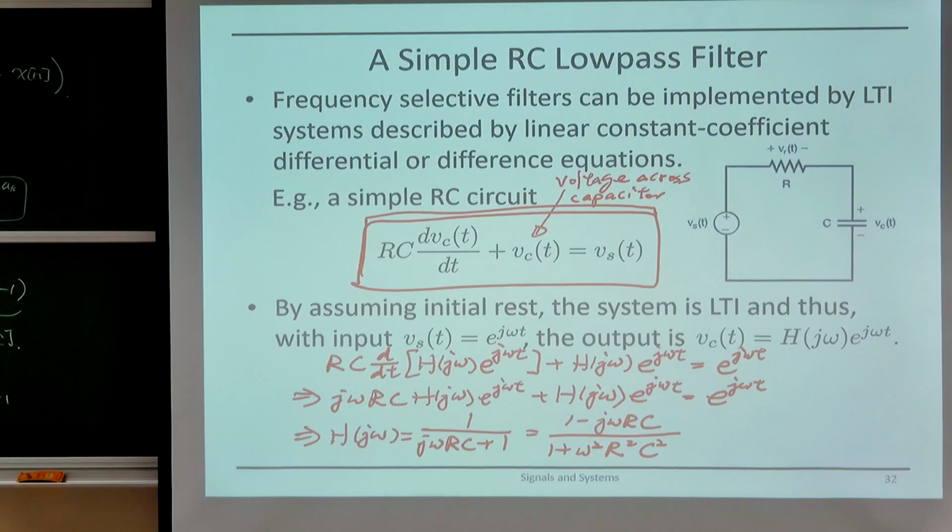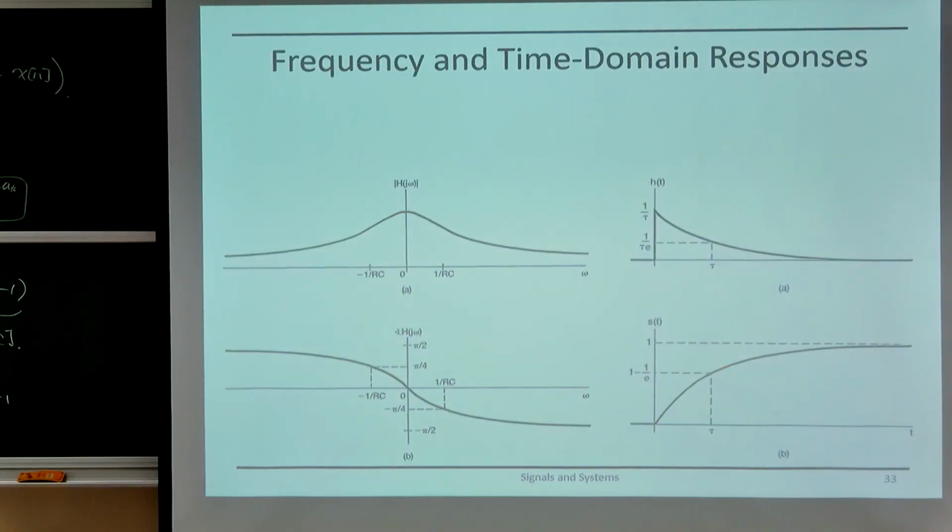So the magnitude is just the square root of the square of the real part plus the square of the imaginary part.